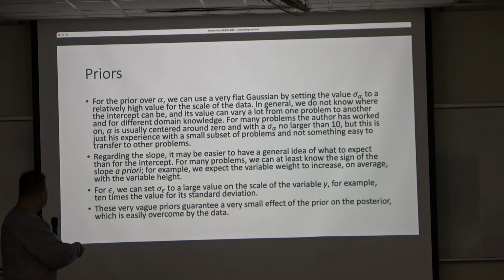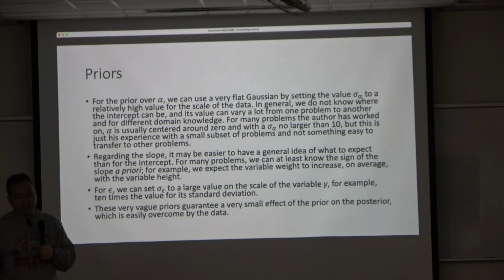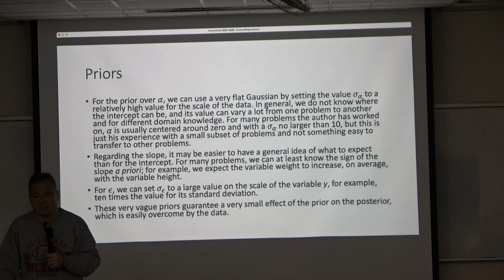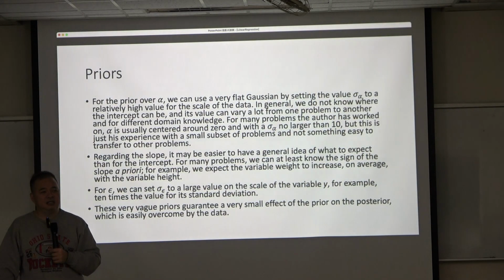Yeah. So for epsilon, we can set sigma epsilon to a large value. Same thing, we don't know that value. For example, 10 times the value of its standard deviation. So we can compute the standard deviation of the given data points and maybe set it 10 times larger. So this is again a very flat prior for the epsilon.